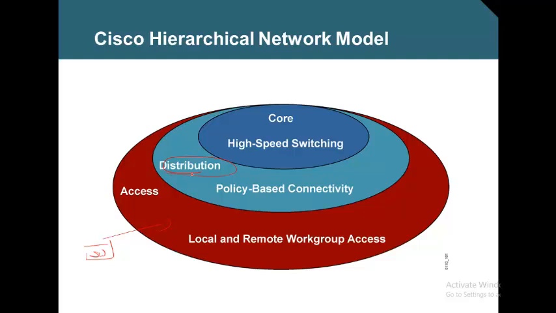Distribution layer. Those routers that are in the distribution layer will forward the packet according to the policy that you have applied. Even if you don't have a policy, this layer is still called the distribution layer, where the routing happens.